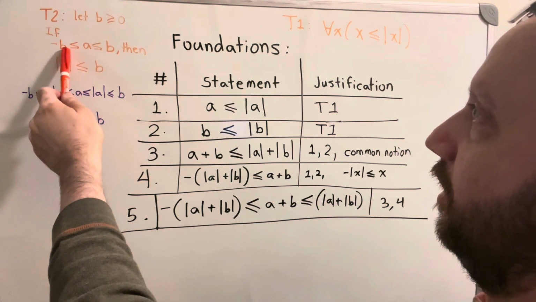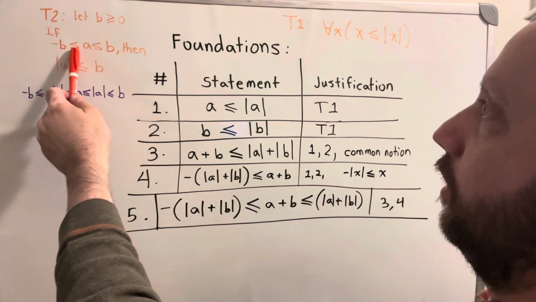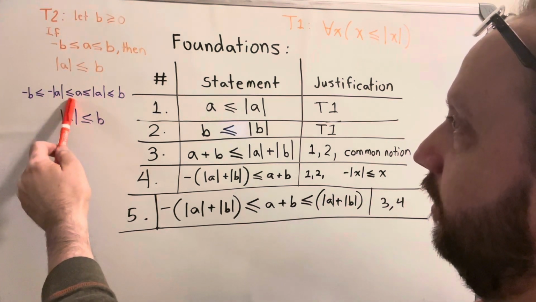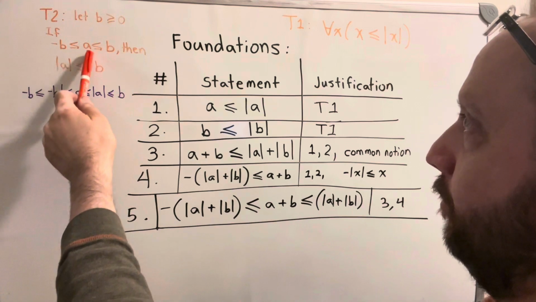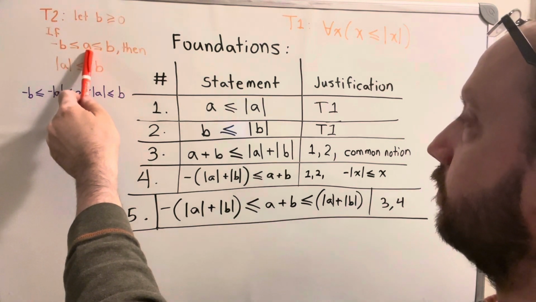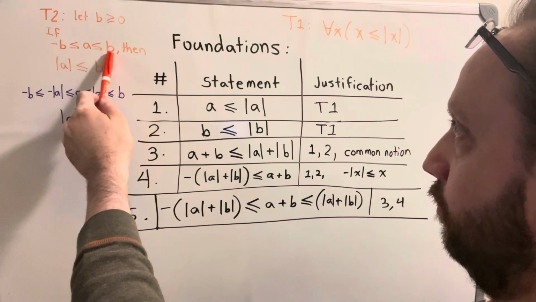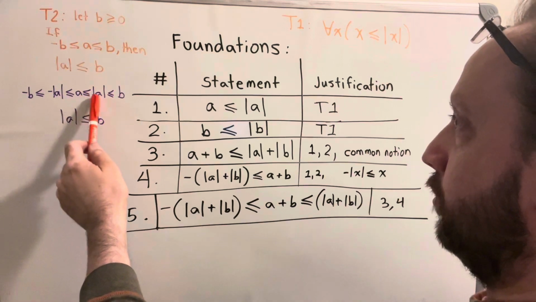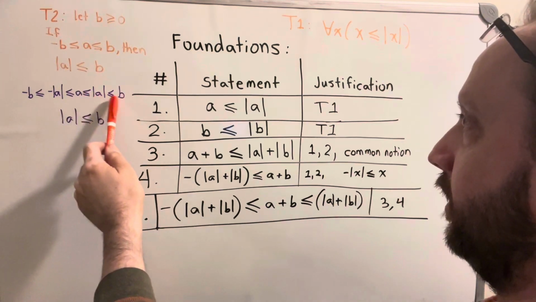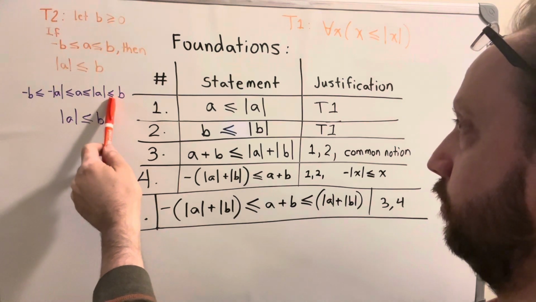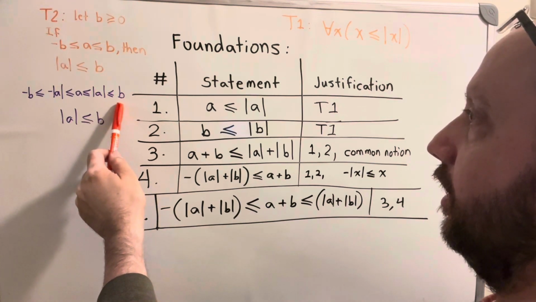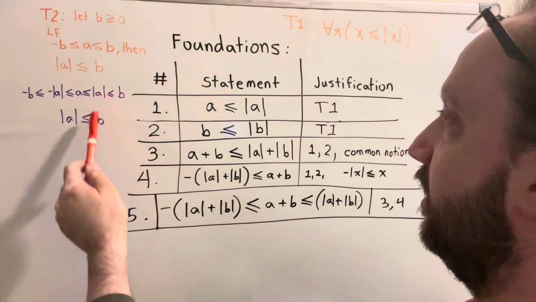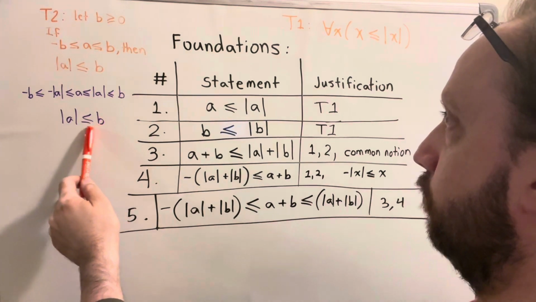And we said if negative B is less than or equal to A, then it's less than or equal to the negative of the absolute value of A. Now, if A happens to be non-negative, and we accept that it is less than or equal to this non-negative B, then the absolute value of A is equal to A, which means that it is less than or equal to B. So in all cases, the absolute value is less than or equal to B. This is what we want.